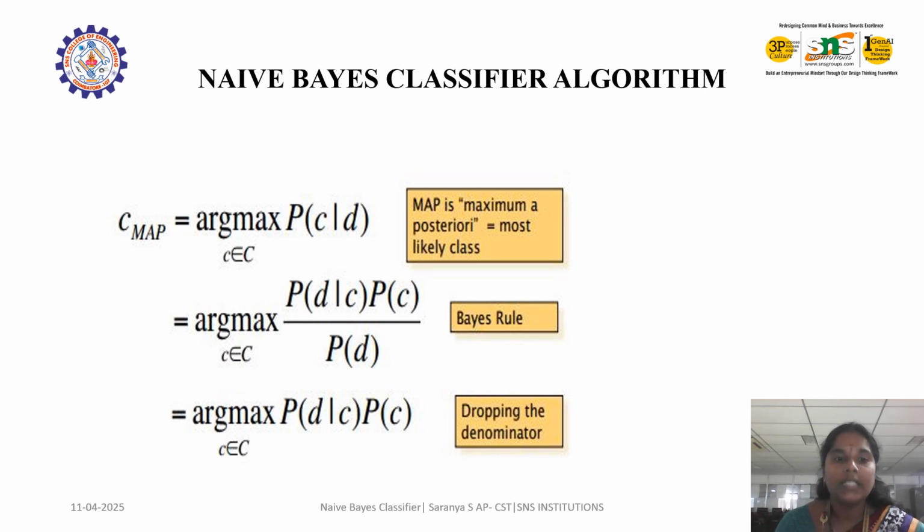Here, C_MAP = argmax over c in C of P(c|D).